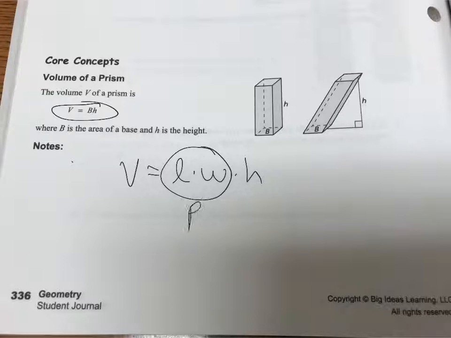And that's where they get the capital B times H, because the base is where you need to focus your attention. And if you have a pentagon, you're going to have to probably find the apothem, or a hexagon or anything after that. Okay? All right, so let's go to the next slide here.